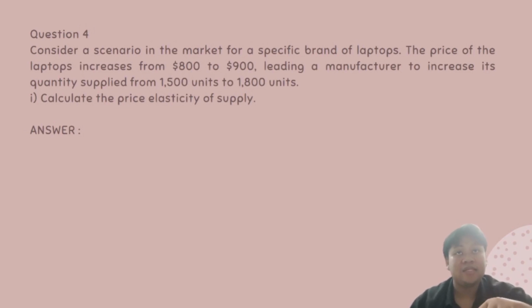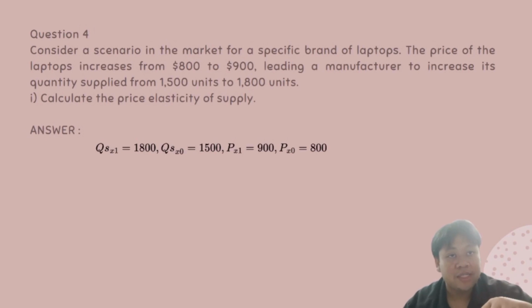For the first question of number 4, calculate the price elasticity of supply. The first step we have to do is list out all the information given. Our new quantity supplied is 1,800 units, and our original quantity supplied is 1,500 units.